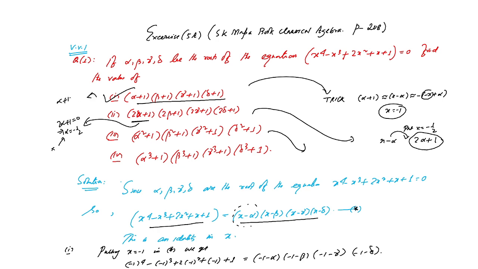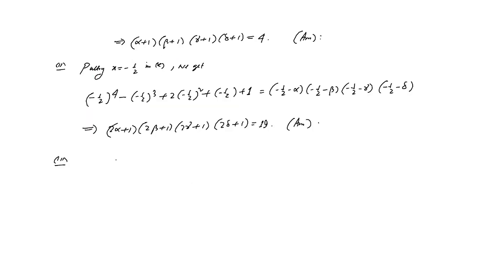Here you think alpha plus 1 equals to 0, then alpha equals to minus 1. You need to put x equals to minus 1. Similarly, here you will take alpha square plus 1 equals to 0. It's a rough trick. So alpha equals to plus minus i. That means you need to put x equals to i, then x equals to minus i. After that you will multiply in the same way.